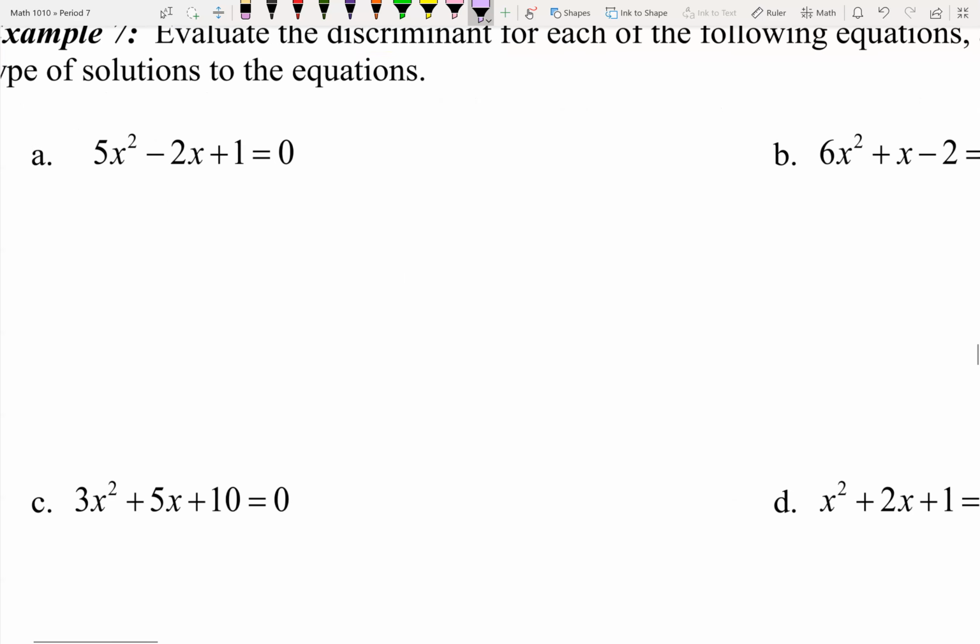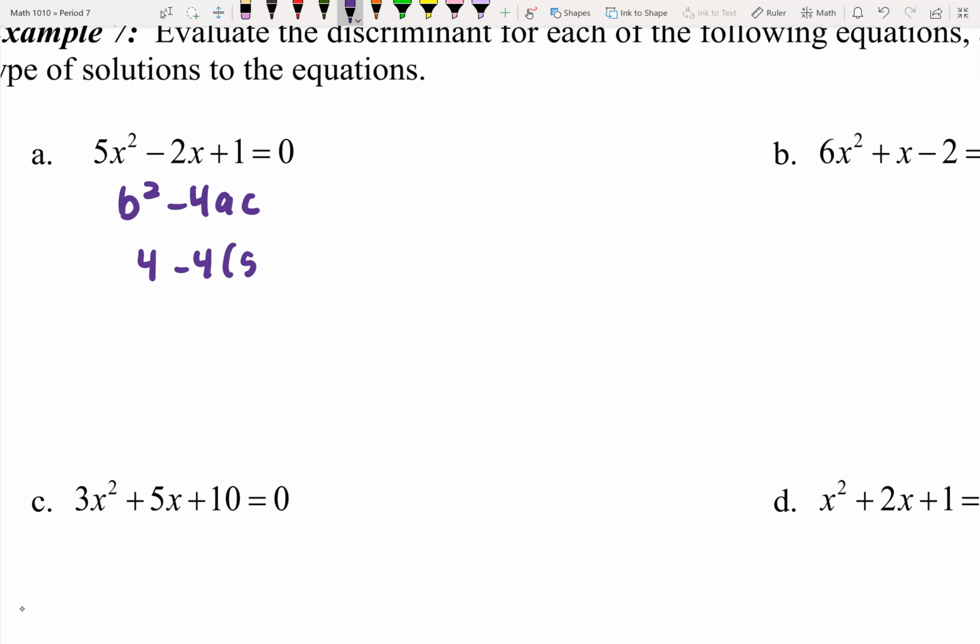Okay, here we go. All we're going to do is go b squared minus 4ac. So everybody write down b squared minus 4ac. b is -2. Please do not write this down like that, because it's going to mess you up. I told you don't ever write it like that. How do I want you to write it? As a 4. Yes. Minus 4 times a, which is 5, times c, which is 1.